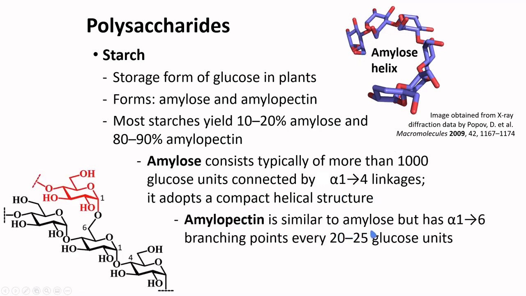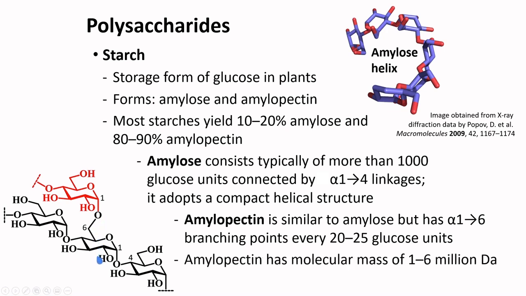Amylopectin is similar to amylose but has alpha-1,6 branching points every 20 to 25 glucose units. Amylopectin has a molecular mass of around 1 to 6 million Daltons.